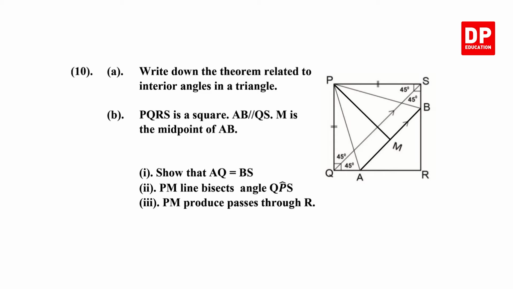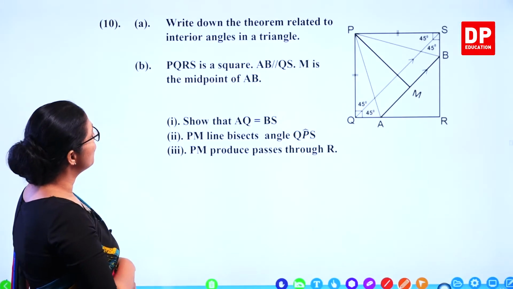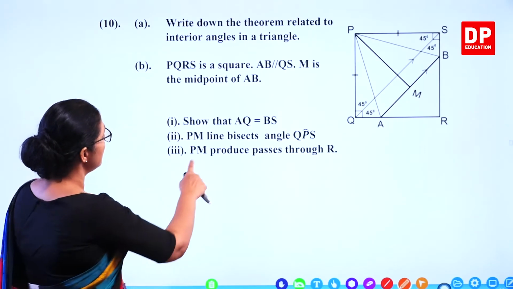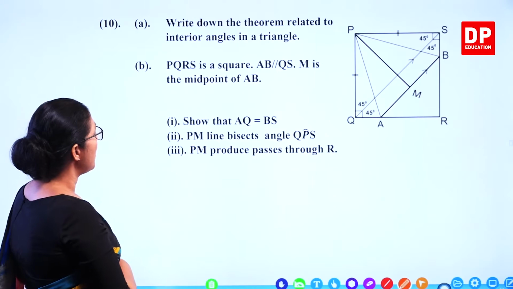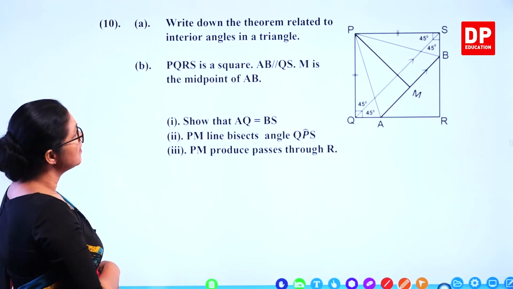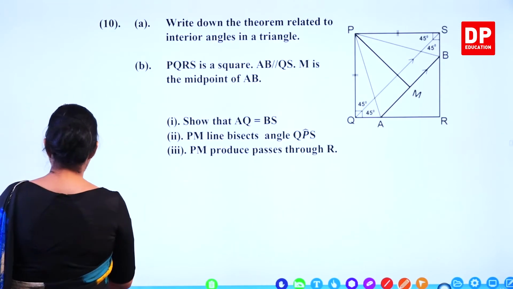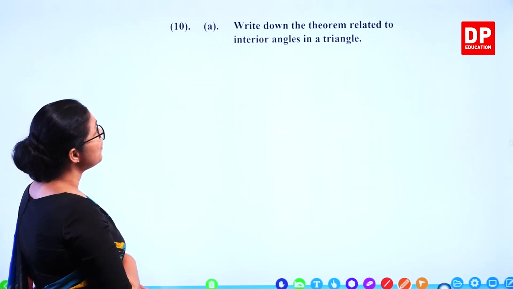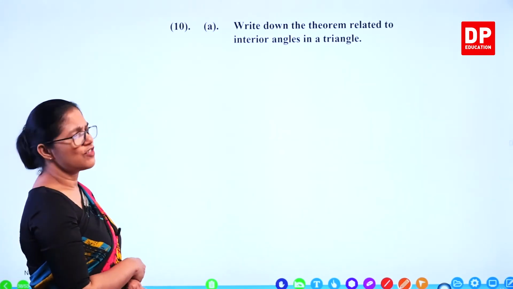Question number 10. So you need to prove and find out the angles. Here you have to show that the PM line is bisecting angle QPS. So we'll do it separately. Write down the theorem related to interior angles in a triangle.